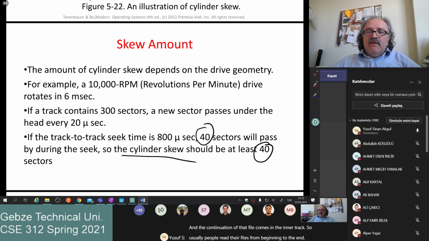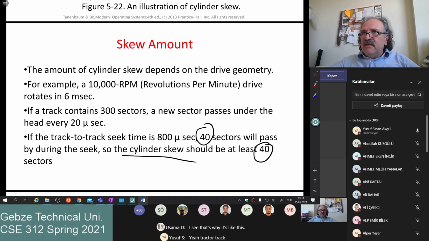This type of track to track access happens with sequential accesses. If you are doing random, then you are in trouble already, because every time you need to make lots of track to track seek times and wait for the rotational latencies. That's why it is expensive to make random reads on a mechanical hard drive.